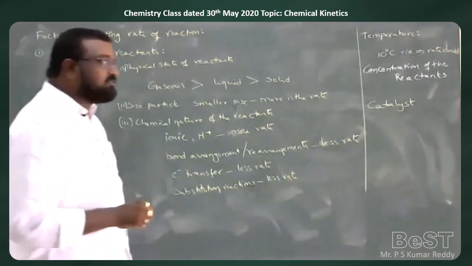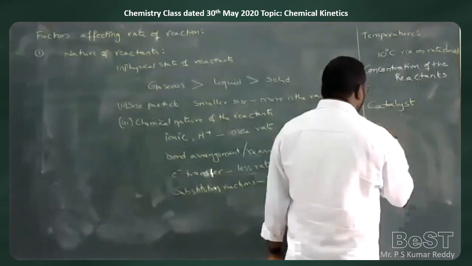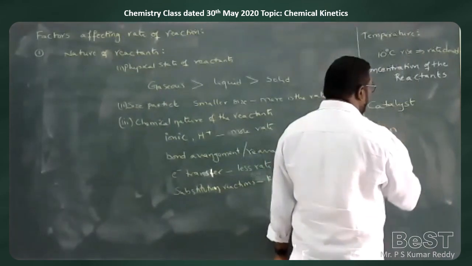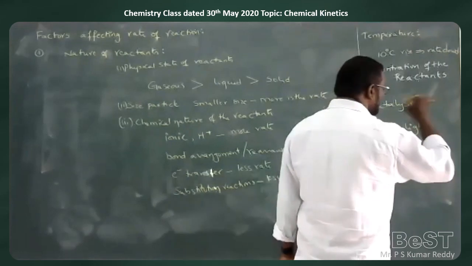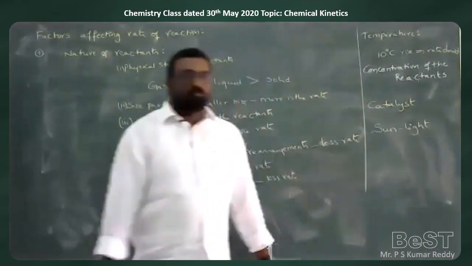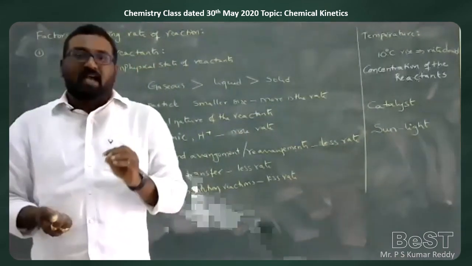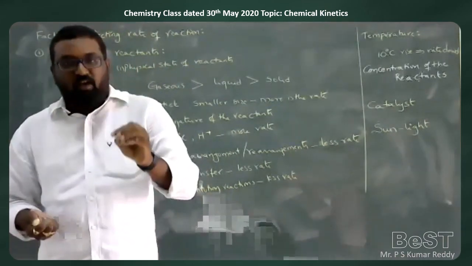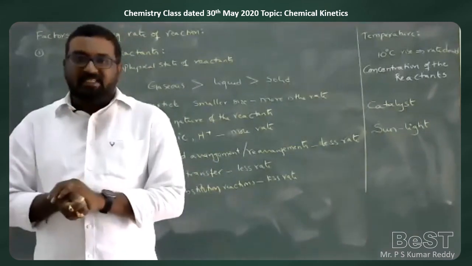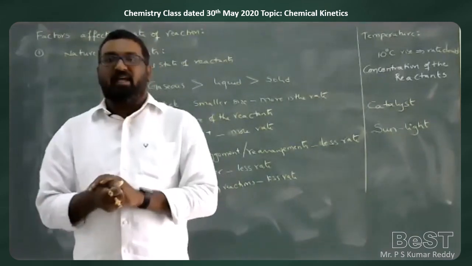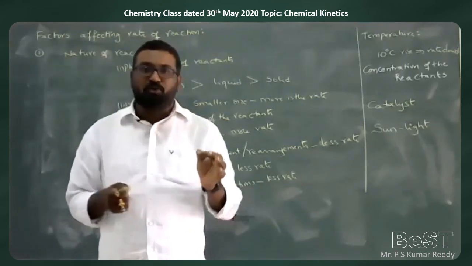And finally, there is one more factor which affects the rate of reaction, that is sunlight. There are some reactions which undergo only in the presence of sunlight or UV radiations. If the sunlight is not there, such reactions will be very slow, just like your photosynthesis.